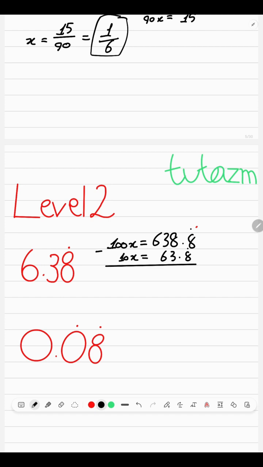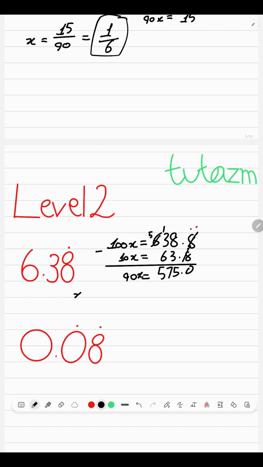The 8's would then cancel out, so we have 0 here, and 8 minus 3 gives us 5, 3 minus 6, so that's 13 minus 6, this 6 turns into a 5, 13 minus 6 gives us 7, and then 5 here, and 100x minus 10x gives us 90x.